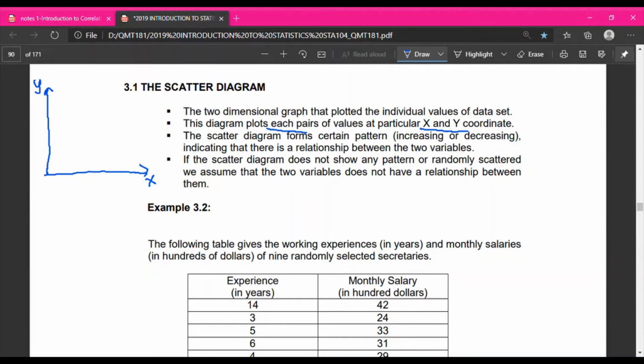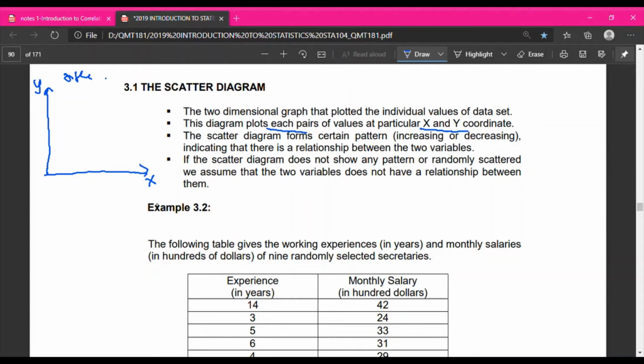Okay. So, lagi satu benda yang saya nak you take note when you draw the scatter diagram adalah title. Kena ada title, kena ada labelkan x-axis dan labelkan y-axis, depend on your variable, unit of your variable.